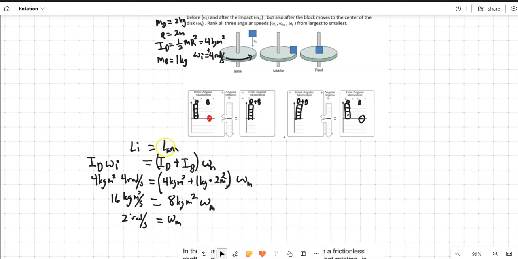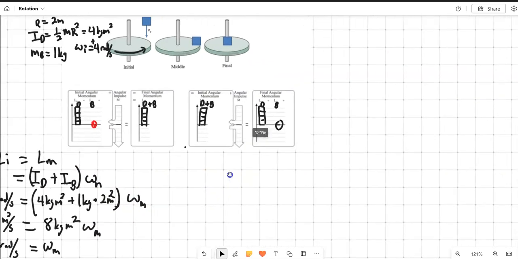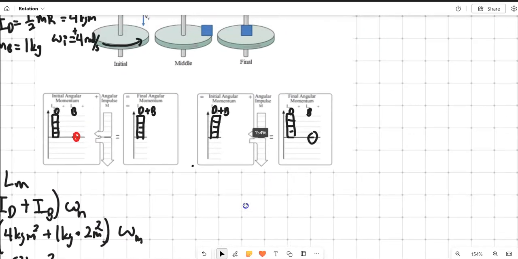It should be L middle, omega middle, all the way here, because we were terming the spinning in this case, which is the middle case. Since we're going to be needing the F for the final, I want to make sure that is referenced as the middle angular momentum. But anyways, let's continue on with this.